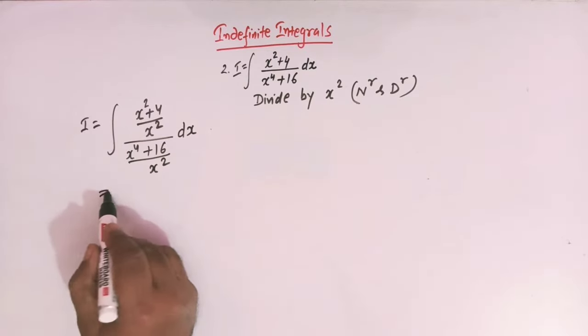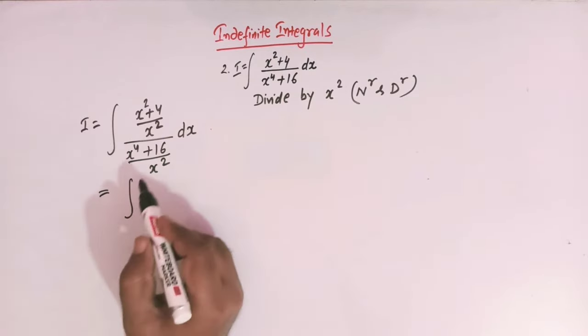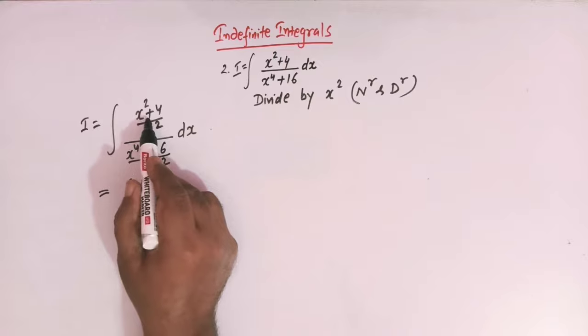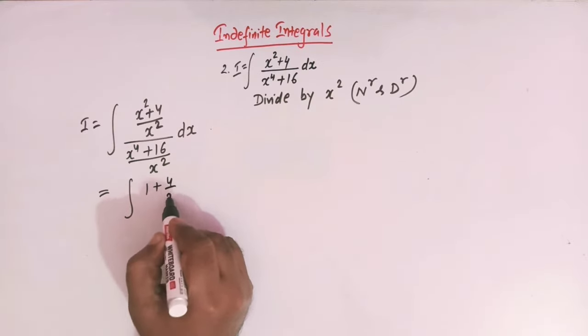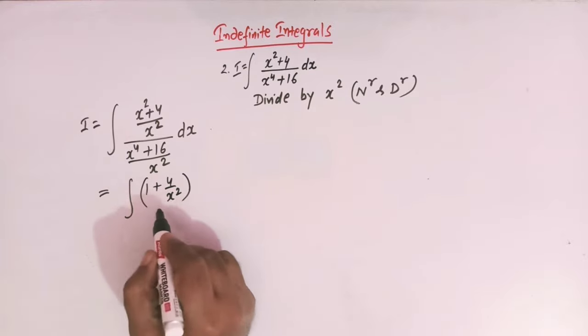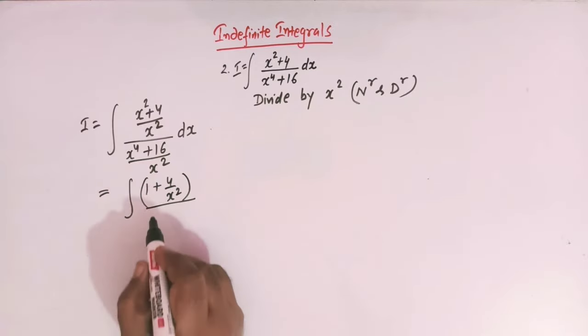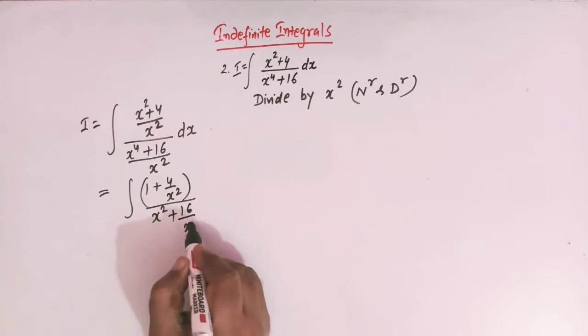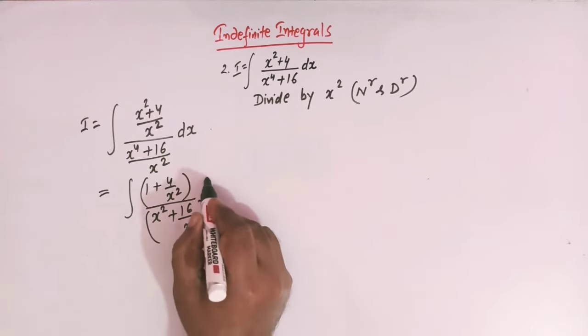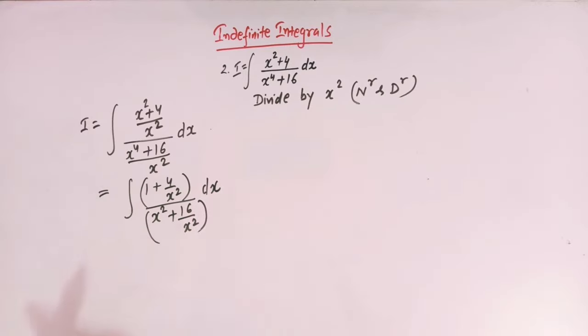As we have done in our previous problem, we can separate the terms. So we'll get 1 plus 4 over x square, and in the denominator we have x square plus 16 over x square.